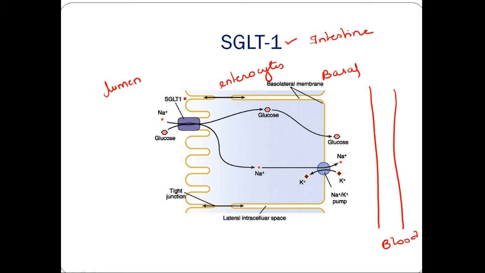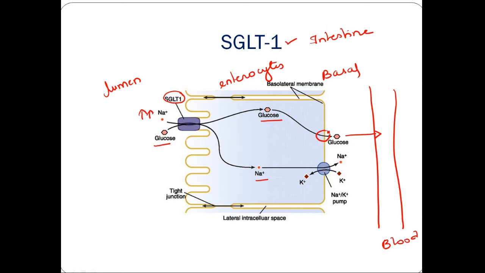This SGLT1 is present in the lumen of the intestine. It transports sodium from the region of high concentration to the region of low concentration. Along with this, glucose will be absorbed. This glucose will be used for ATP production by the process of glycolysis and excess of glucose will be transported towards the basal part and it will move to the blood.